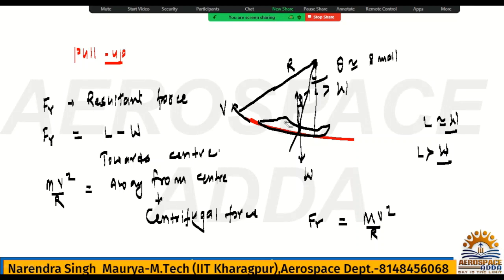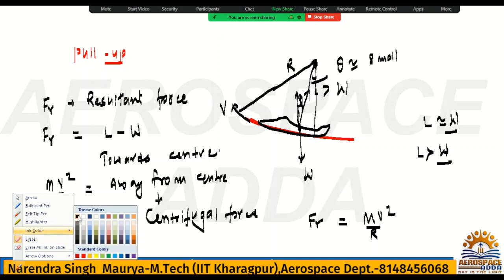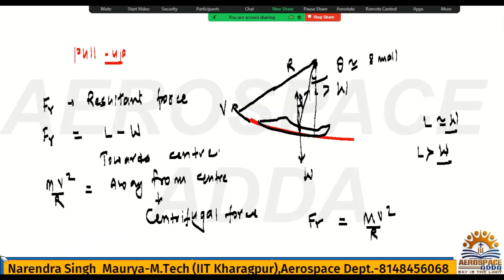Because it is a small angle, but still that component should be correct. This is the center here, so along the center, if you draw the line like this, this will be mv square by r, and here this will be Fr. Because this is theta, this will also be theta.